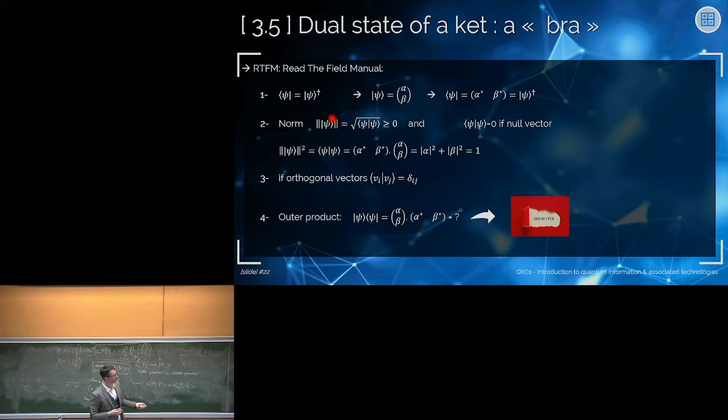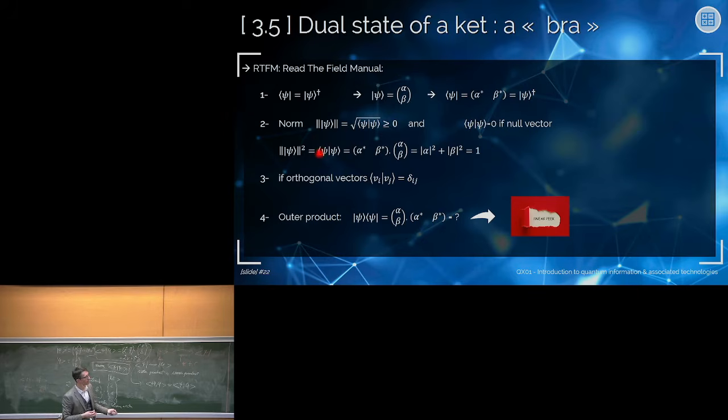We can write it like this, for instance: the square root of the inner product. And this has to be positive. This cannot be a complex number. Of course, if the vector psi is 0, then I have a 0 norm. I have the null vector.